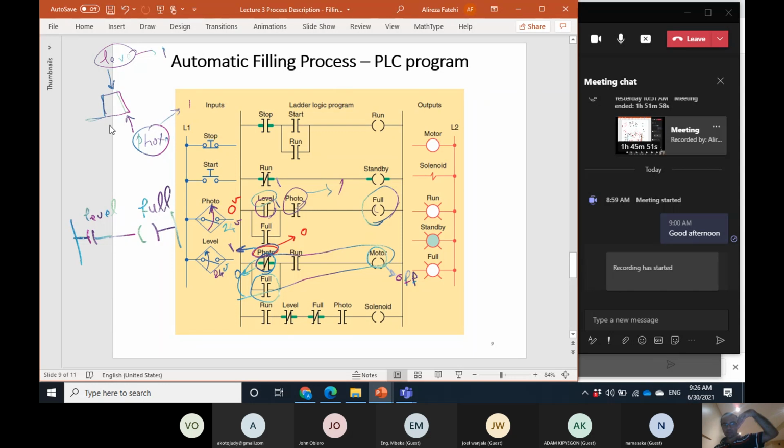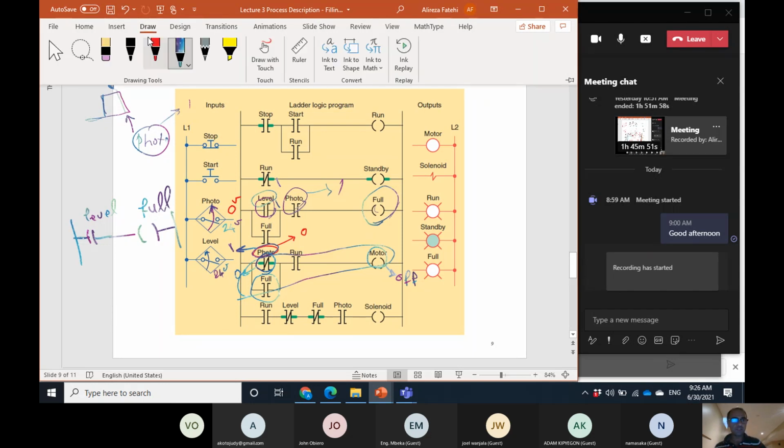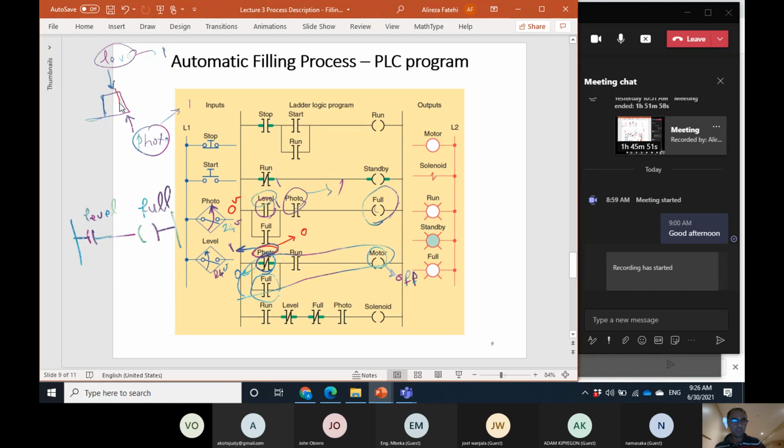The motor starts and the box moves. Sometime the box reaches this point. For example, at this point, there's not anything in front of the level sensor, so this goes 0. But the full is still on. Why? Because we have a self-holding of the full here. And so the box is still moving.